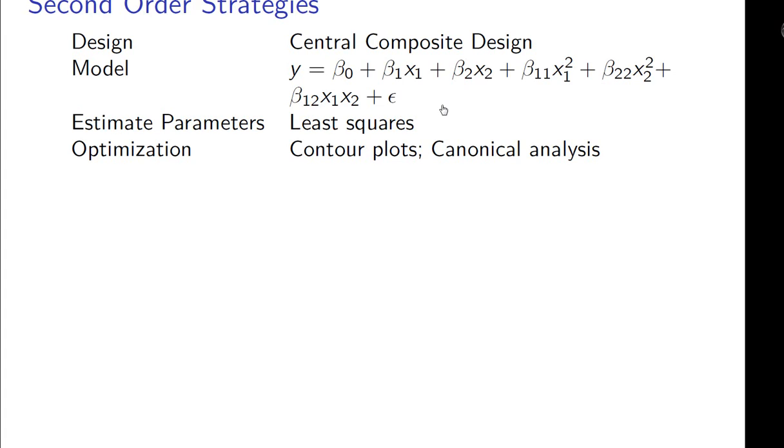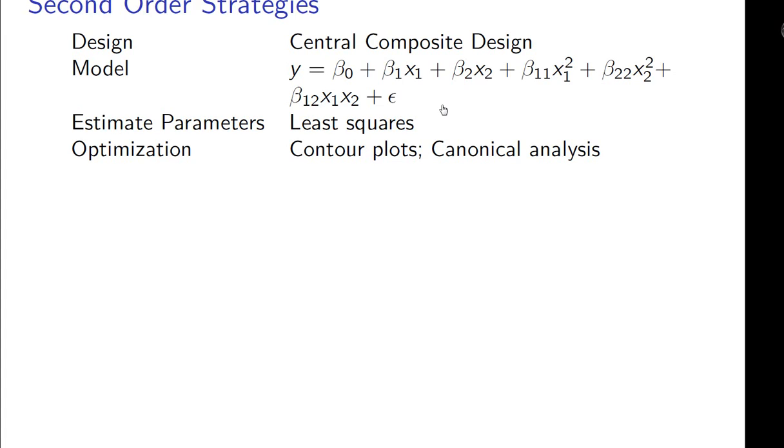Then the design you would choose would be based on central composite designs, right? Remember, we add the additional points of central composite design, the axial runs and the center runs, so you could fit a second order model such as the one that's seen here. So that's the experimental design you'd use.